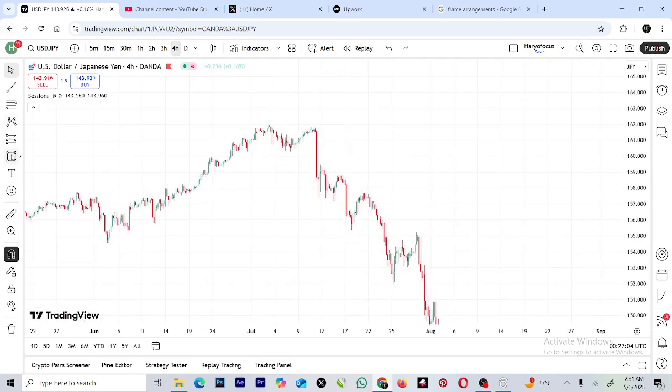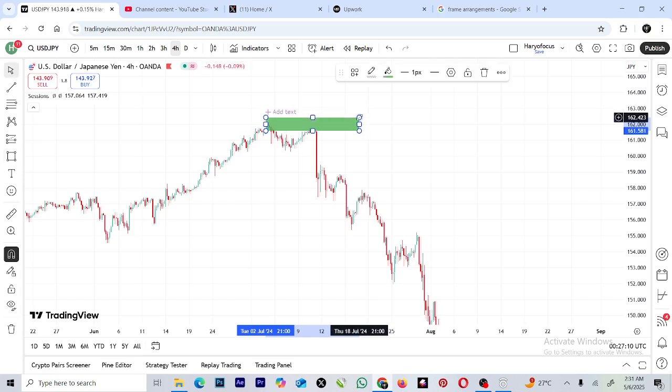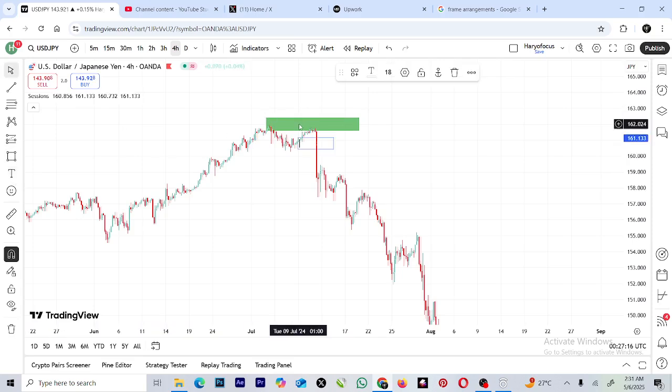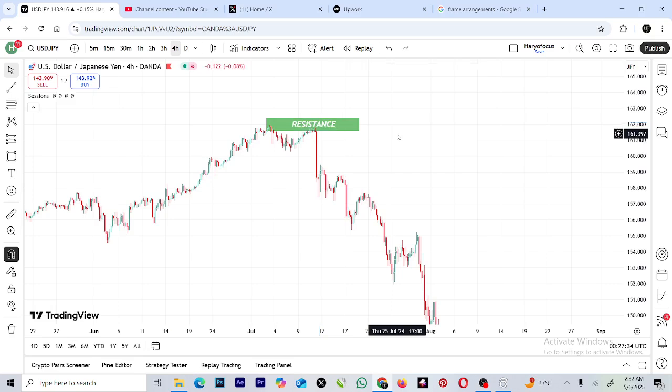So this is another resistance. This is another resistance. As you can see, once market form two leg, then market going down. So that's another resistance.